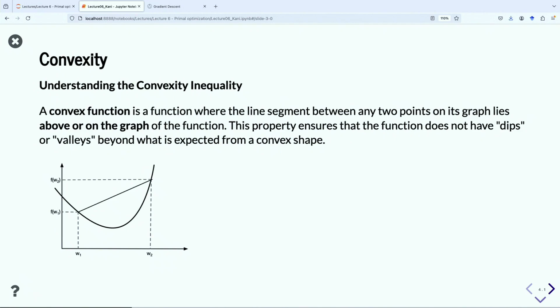A convex function is a function where the line segment between any 2 points on the graph lies above or on the graph of the function. Okay? So a linear line is still a convex function, but all this means is that when you have a dip, you won't have another dip.